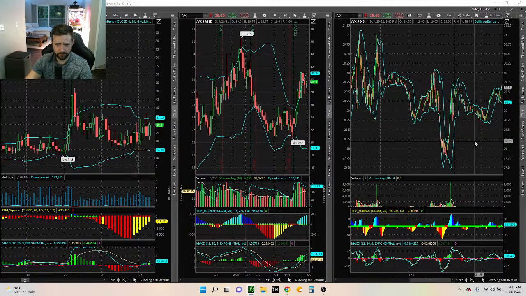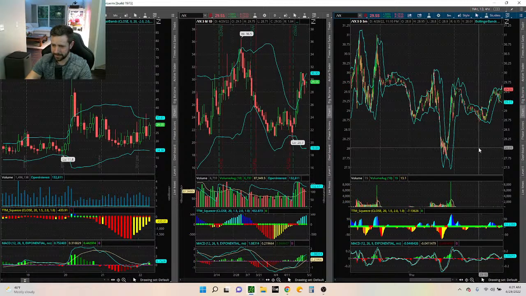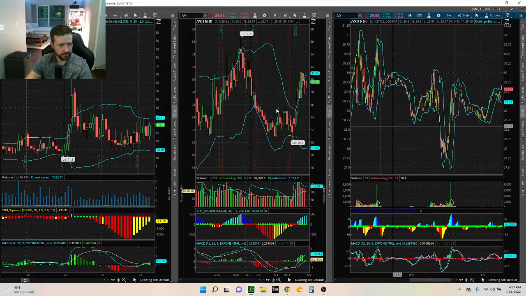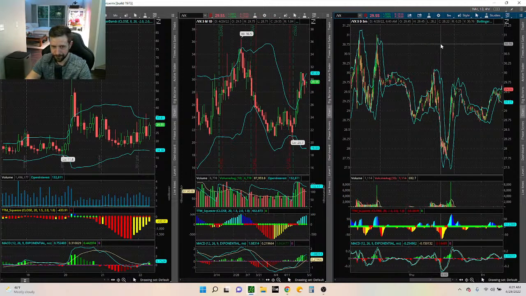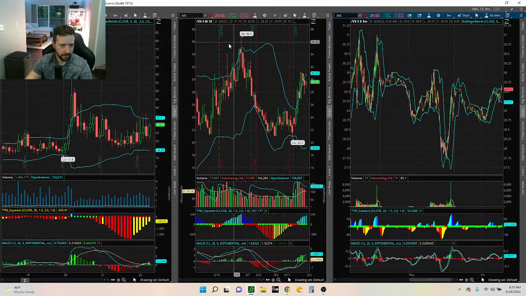VIX. So VIX is at 29.6. That's still going to throw people around. But it is a little bit lower than it has been if you look 4 days back, 3 days back. So basically, the way the VIX works, that's the measure of volatility in the S&P.